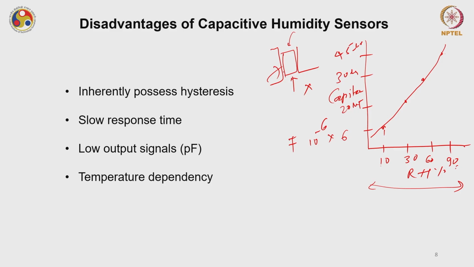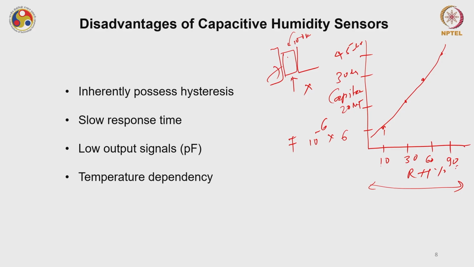So if it starts absorbing some moisture, say 100 water molecules, because of that its capacitance changes permanently or at least quasi permanently.